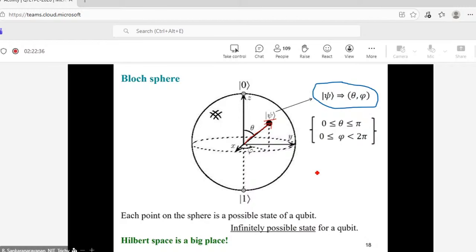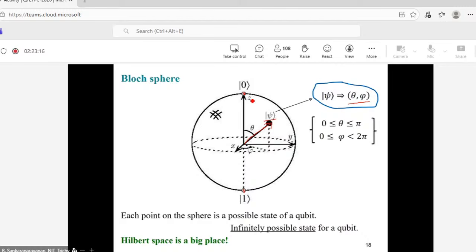So as you know, any point on a unit sphere is represented by these two real numbers, theta and phi, where theta is the angle the vector makes with respect to the z-axis, and if you project this vector on the xy plane, it will make an angle phi with respect to the x-axis. That is your phi. So in that sense, this point corresponds to theta equal to 0 and phi equal to 0, and this point is represented by theta equal to pi and phi equal to pi by 2.